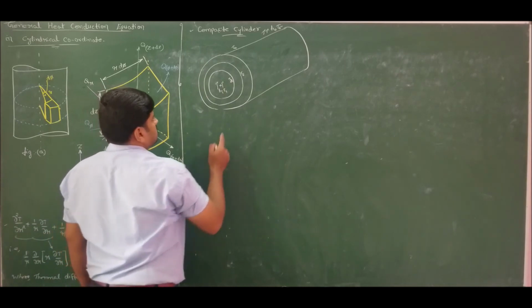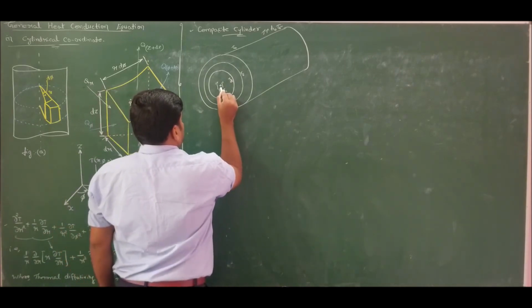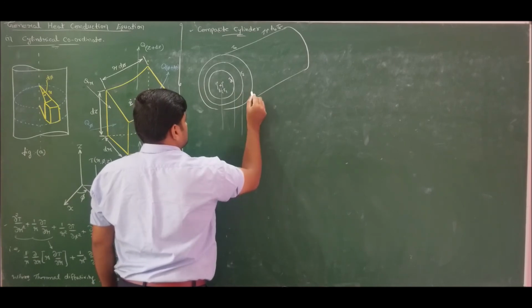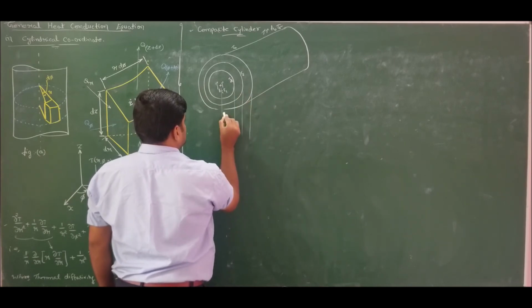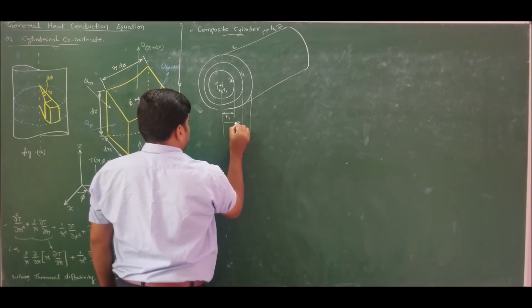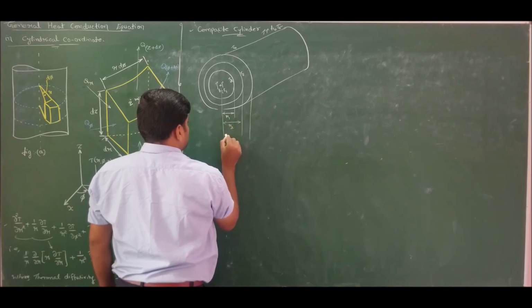Now if I plot the radius, it will look like this. So this radius can be taken as R1, this radius can be taken as R2, and this radius can be taken as R3.